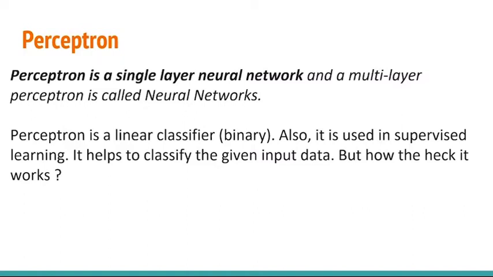So we have features and an output label, which we call supervised learning. We can use deep learning to make that kind of classification as well.